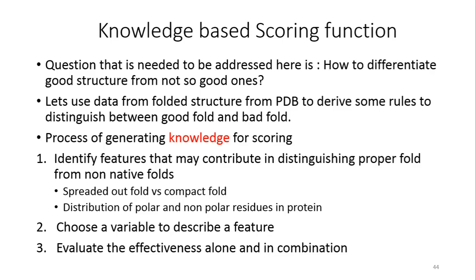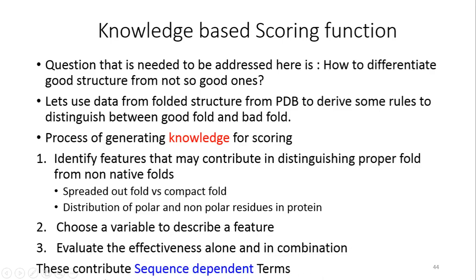Now all of these features, like hydrogen bonding and amino acid residue distribution, contribute to the sequence dependent terms. Why? Because these features are controlled by the sequence of amino acid residues present in your protein. Therefore, we term such features that depend on the sequence of amino acid residues as sequence dependent features, and we have discussed two of them.